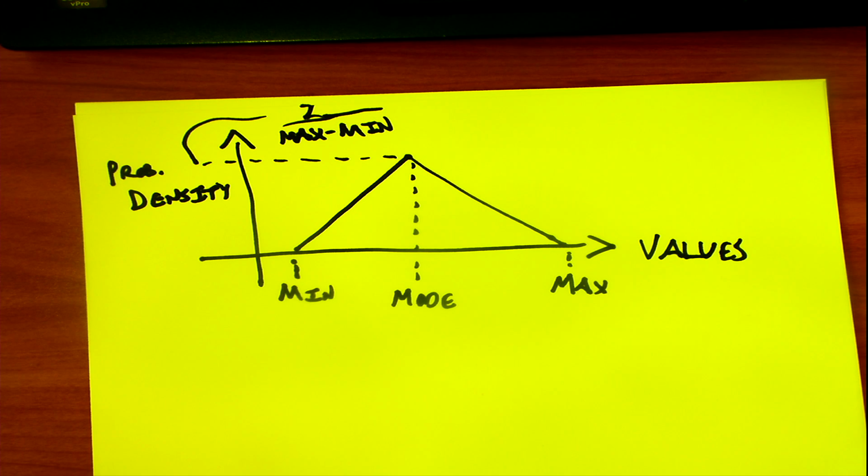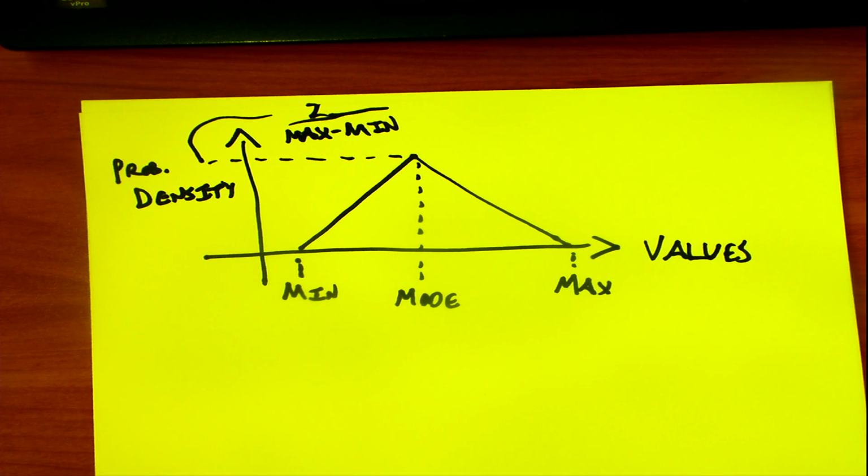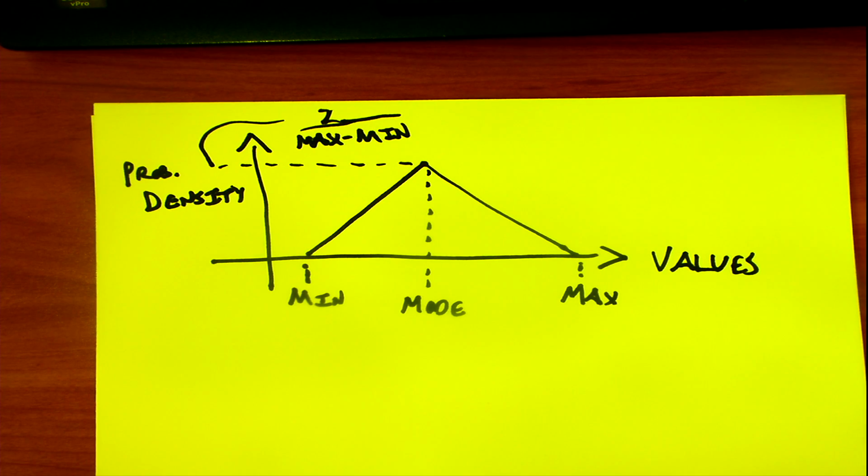I can look at any value between the maximum and minimum. With a joint probability table, you're restricted to whatever your bin size is. So it's a little bit more restrictive, especially when you don't have a lot of data. So that's the advantage of a continuous probability distribution, right?